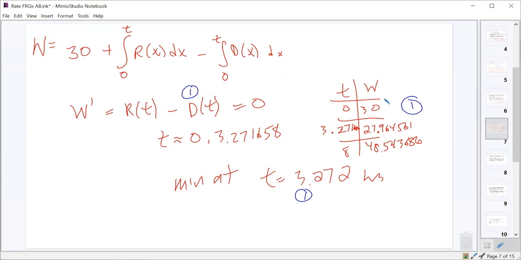For some reason, for my answer, I got like 3.228. Would that not get me the point? I don't know why I got that. That would not get you the point. Okay. Yeah, I mean, sometimes they give you a little leeway, but their little leeway is like 1/1000th one way or the other, not 5/100ths.